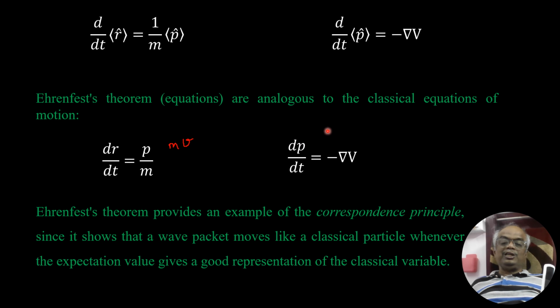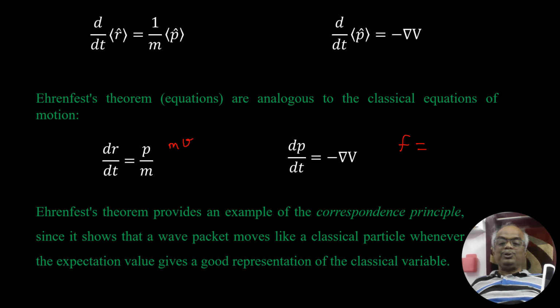Second one, see the analogy: we are replacing operators with observables, so we are removing the expectation value. Here also the same thing. The negative gradient of potential is force.